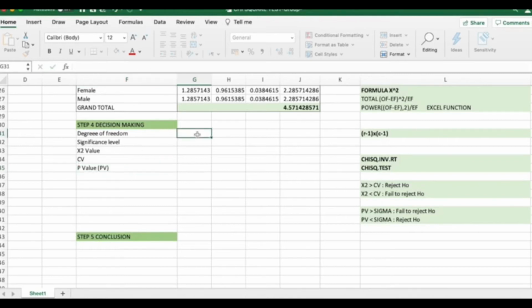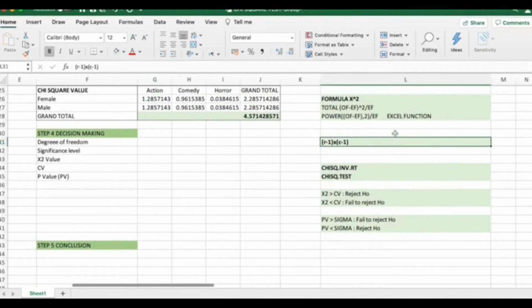To find the degree of freedom, here is the formula, which is R minus 1 times C minus 1. R here means the number of rows, which is 2, female and male, and C, the number of columns, which is 3, action, comedy, and horror.